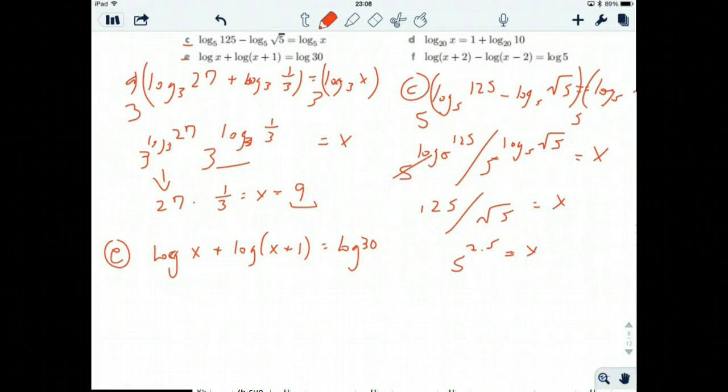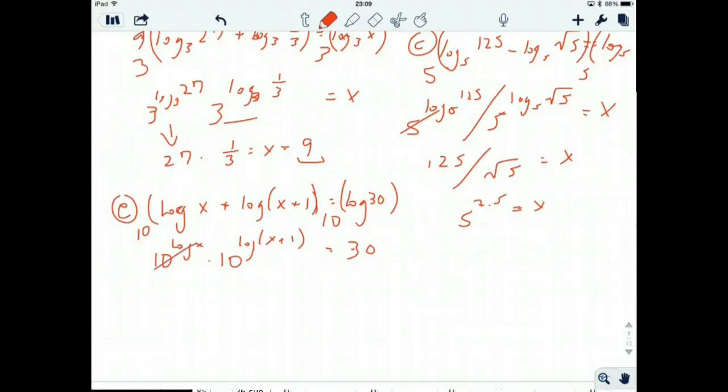Let's take both sides 10 to that, so the right side will be 30, the left side would be 10 to the log of x times 10 to the log of x plus 1, and then this would just become x, this would just become x plus 1, multiplied times each other equals 30.